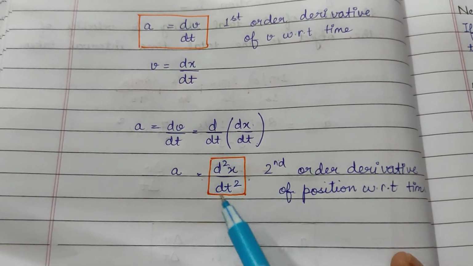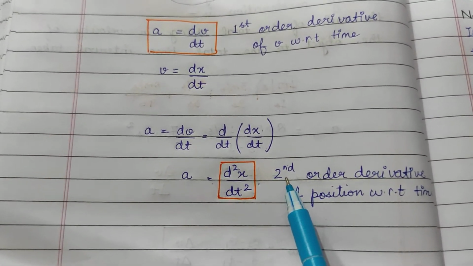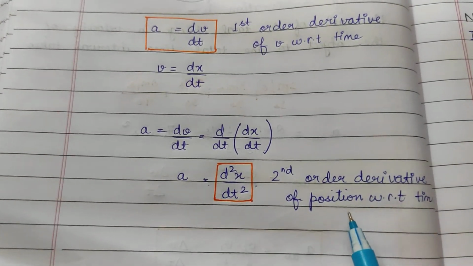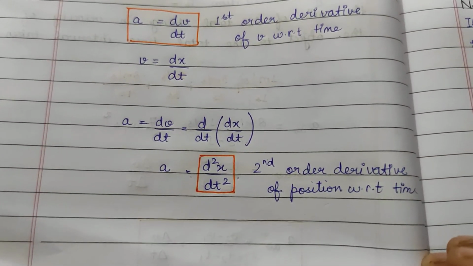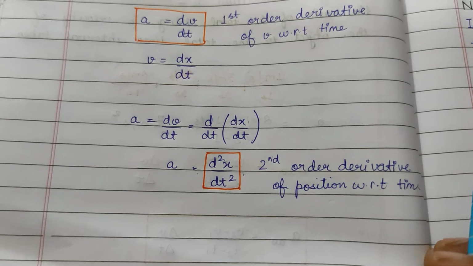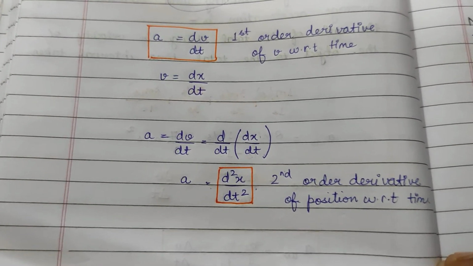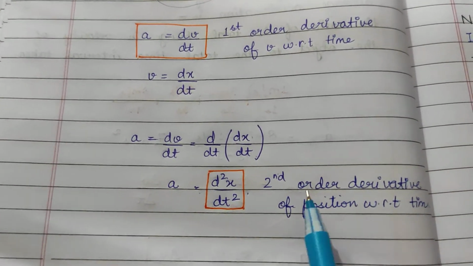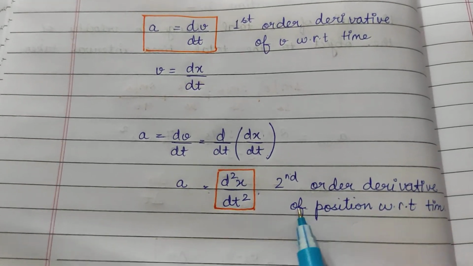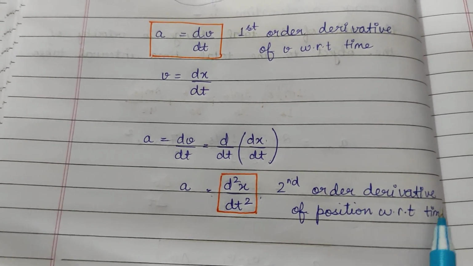Now what is d2x by dt square? It is the second order derivative of position with respect to time. So we can say that acceleration, or instantaneous acceleration, is equal to the second order derivative of position with respect to time.